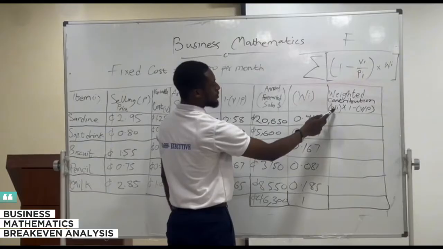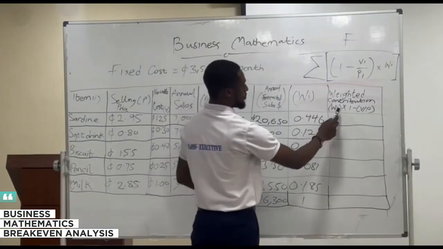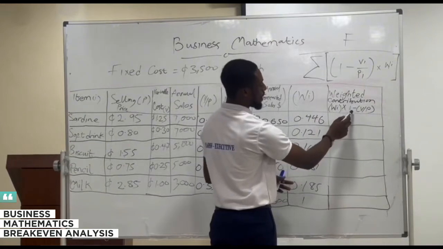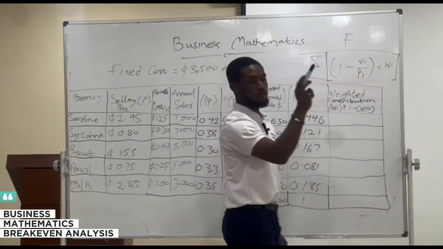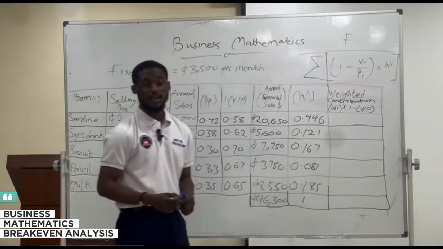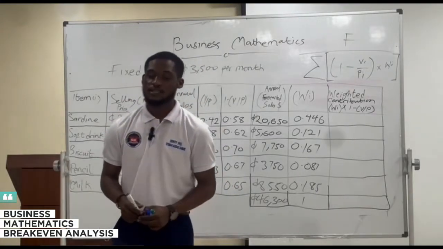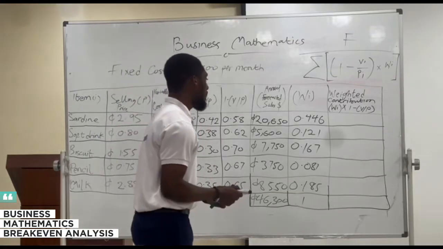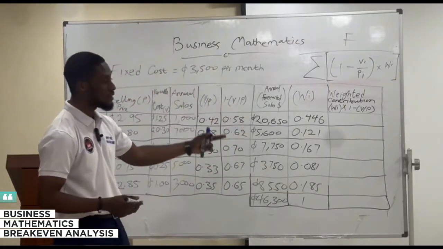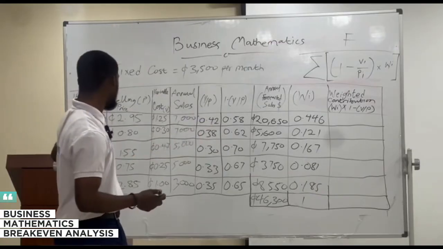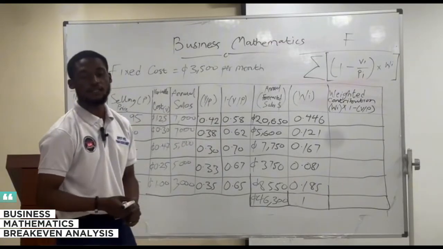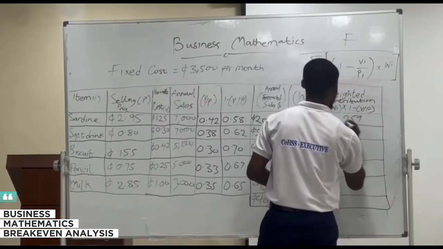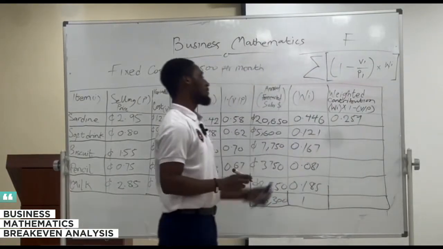That is the WI multiplied by 1 minus bracket V divided by P, and this is as simple as A, B, C, D. So now I'll go ahead to calculate for the first item, which is the sardine. When you multiply, you get 0.259.